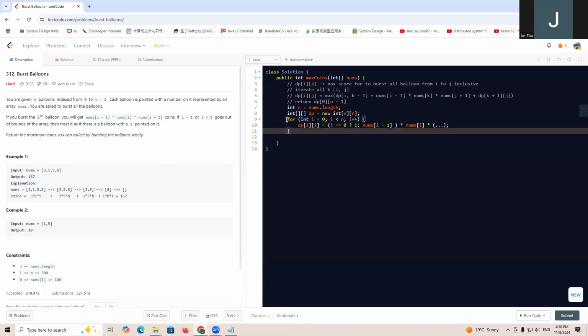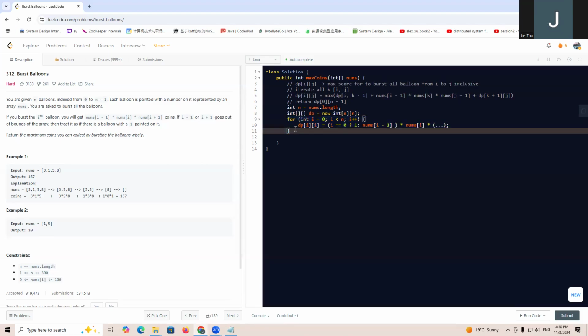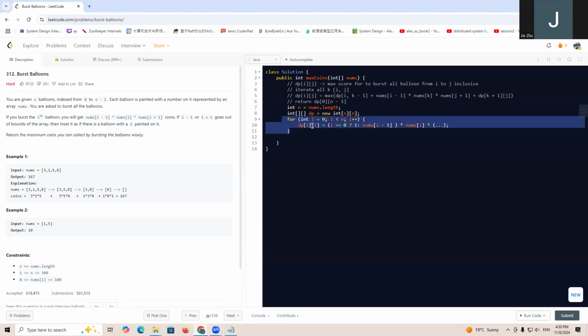If our main code includes this condition, we don't need this state. Sometimes we need this one, like when we want to see whether something is a palindrome, those kinds of problems, right? We need this kind of state. But for this one, this condition is included in our transition function.